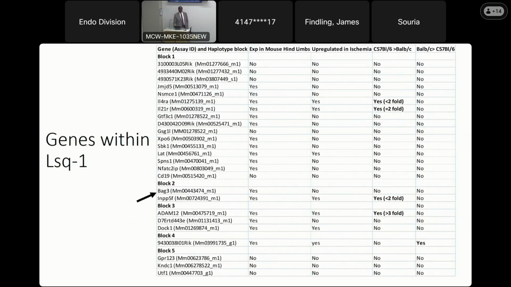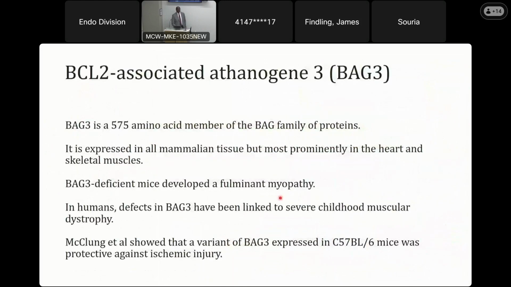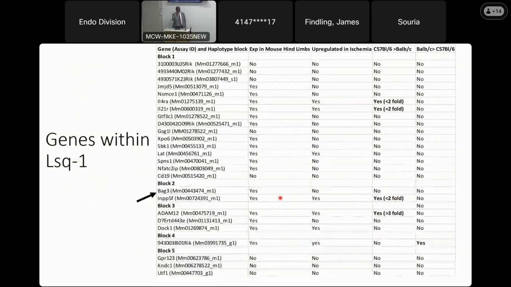One of those genes is BAG3, shown here. And the reason why we were interested in BAG3 will be obvious in a minute. Again, for those who do this, you get a lot of genes, and then you have to decide how you pick which one is of interest and which one you pursue.